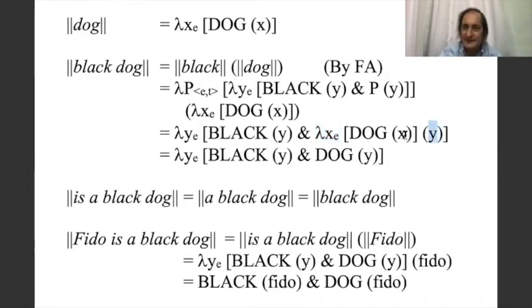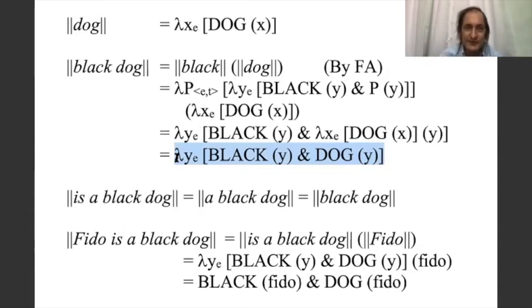When you find it, substitute it for x and give back the result of this with that substitution made. Well, that's dog of y. Everything else here stays the same. This doesn't change. This is exactly the same as what we had above. So we have black dog translating as lambda y, black of y and dog of y.